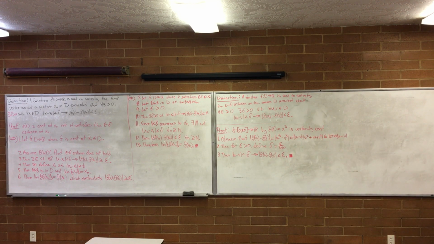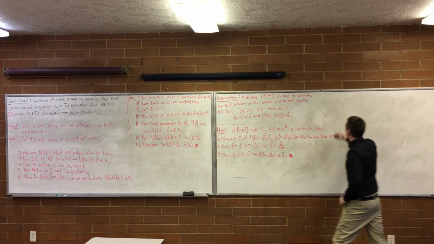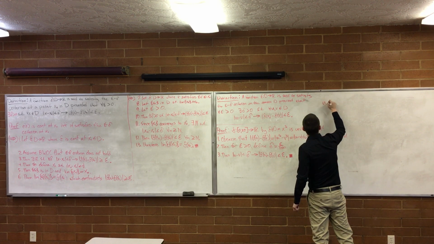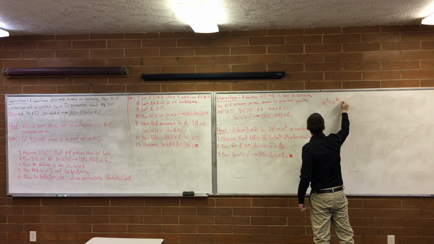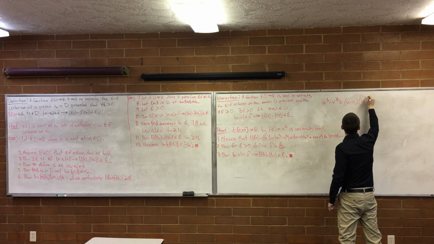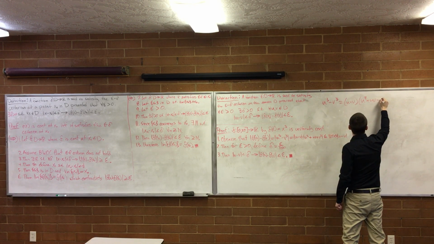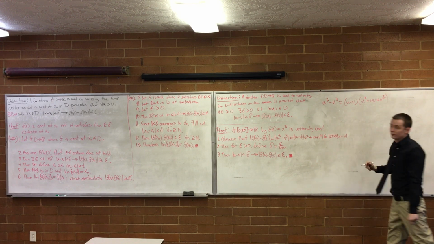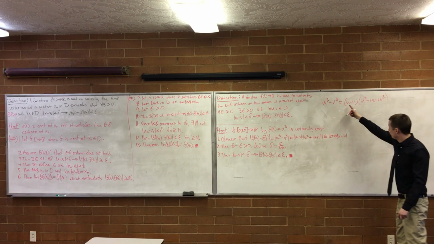How does the absolute value of u cubed minus v cubed equal that? Multiply it out. Forget the absolute values for a second. u cubed minus v cubed is equal to u minus v times u squared plus uv plus v squared. Let's distribute the u.